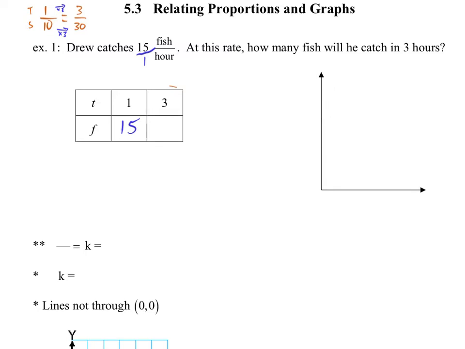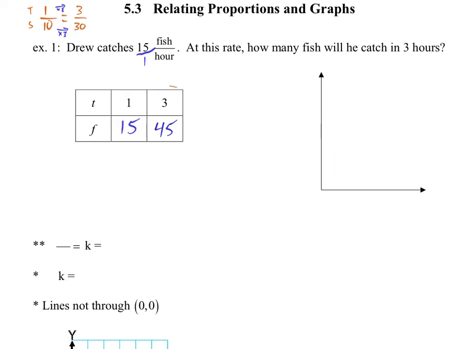If my time is 3 hours, he's going to catch 45. And you could get that by the same thing we did up here in the upper left, by saying 1 times 3 gets me 3, 15 times 3 gets me 45.